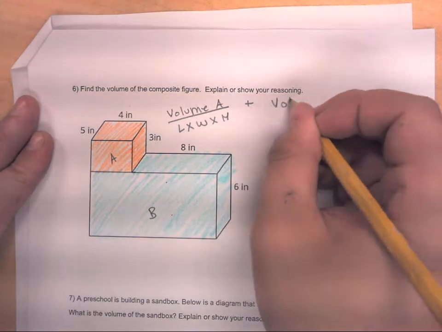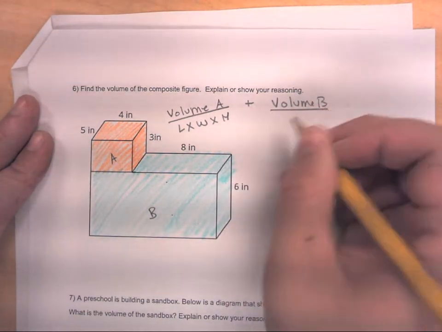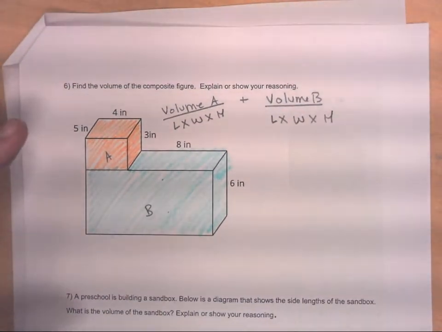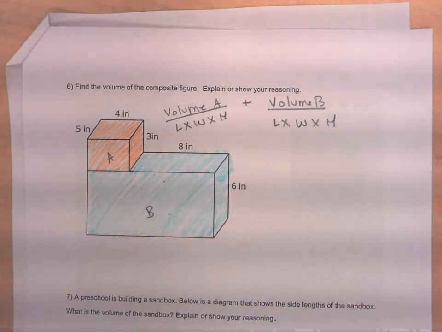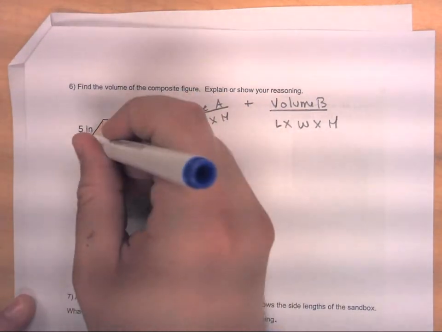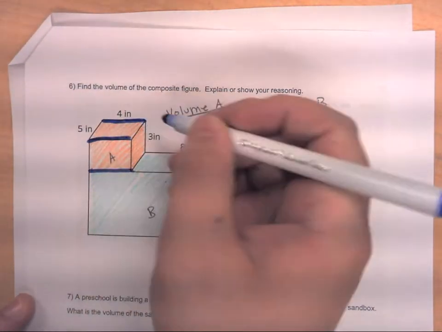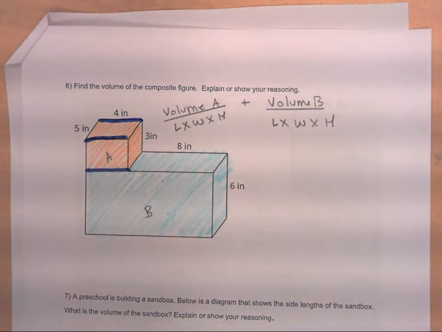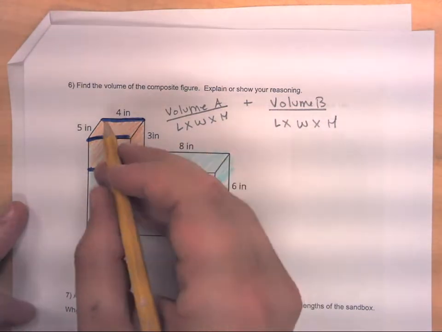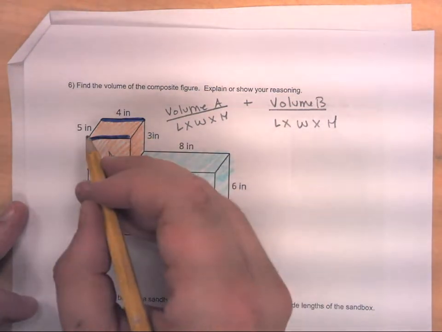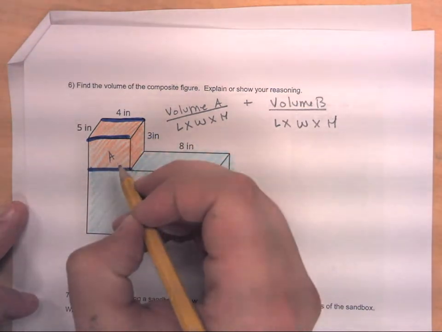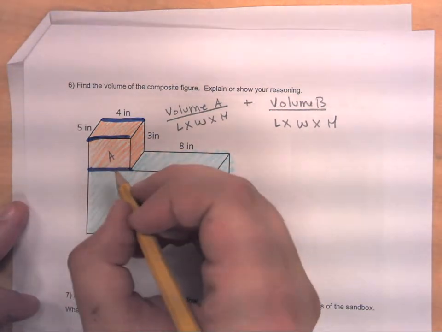And I'll need to add that to the volume of prism B, which means I'll also need to identify a length, width, and height for prism B. I'll start with prism A, and these lines in blue I'm making here represent the length of A. And I can see that the length of A is 4, so if the length here is 4, the length here is 4, the length here is also 4.